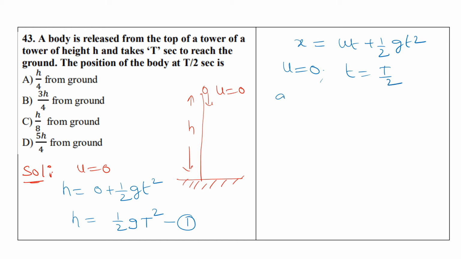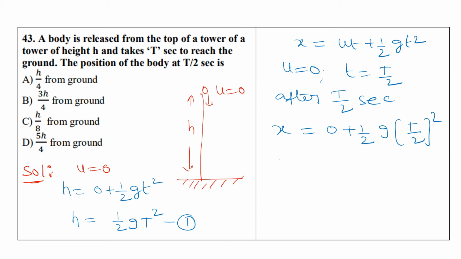After T by 2 seconds, x is equals to 0 into T by 2, which is 0, plus half g, in the place of t substituting T by 2, so T by 2 whole square. So x is equals to half g T square by 4.